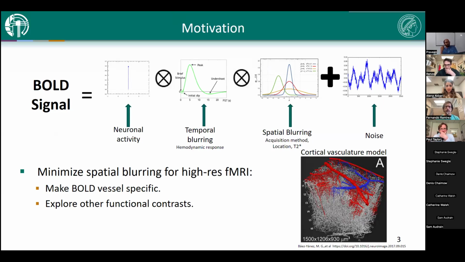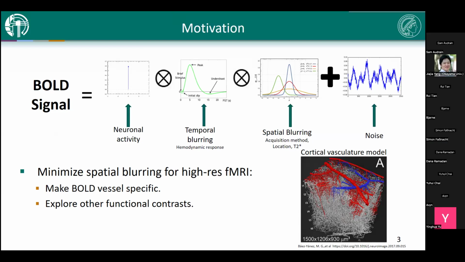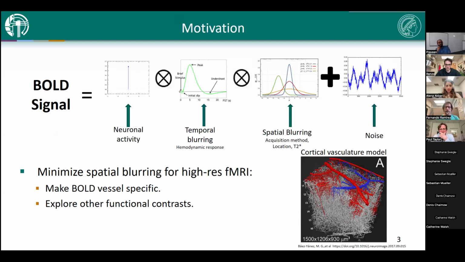So we want to make BOLD vessel specific so that you don't get contributions from macrovasculature in our high resolution fMRI. So we can either make BOLD vessel specific, explore other functional contrasts like VASO, or you can go into modeling this BOLD signal to reduce the macrovascular contributions.